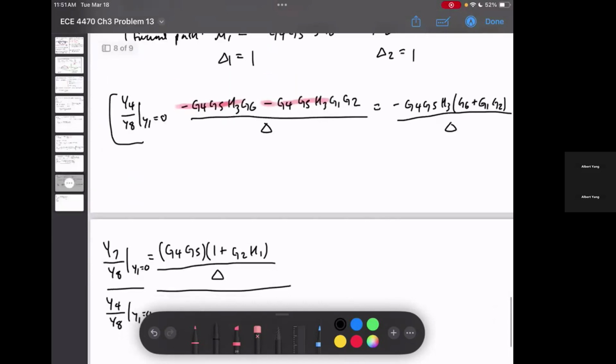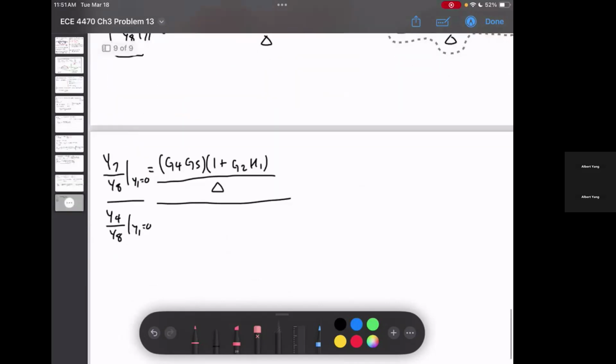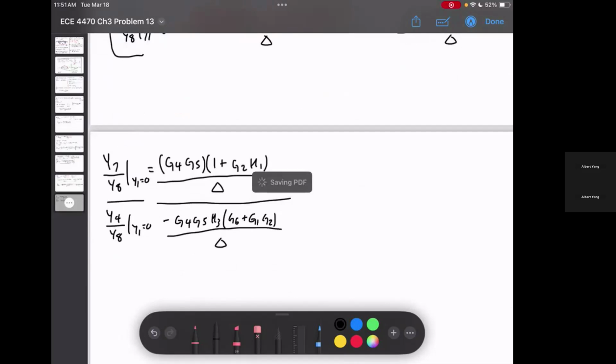That would be dividing by this one here. And now let's simplify. We know that this would cancel.